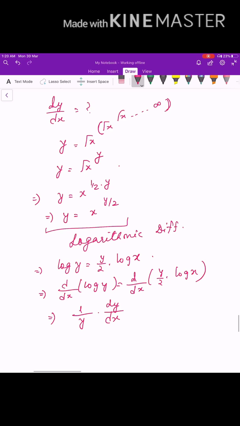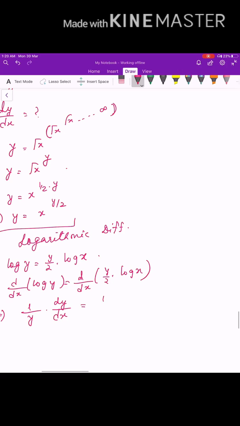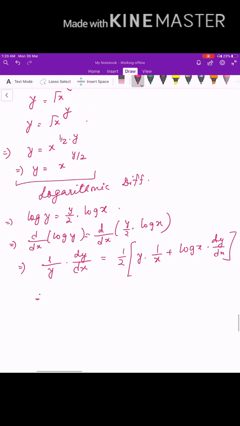So dy by dx, chain rule, u into v. Now let us take half outside only. So y into log x. So first expression differentiating the second plus second expression differentiating the first. All the dy by dx terms on the left hand side.